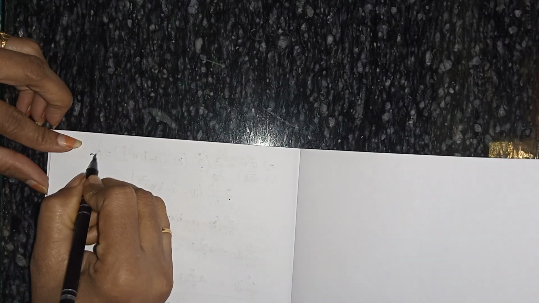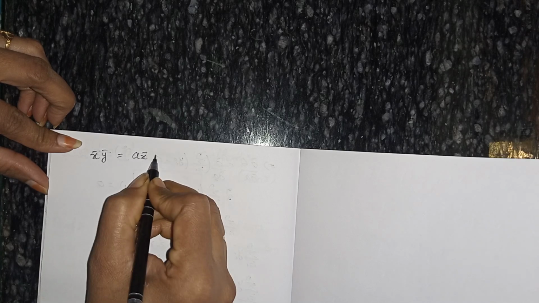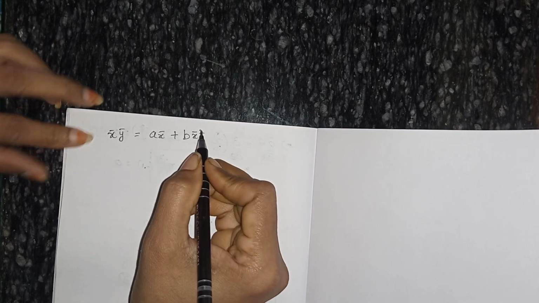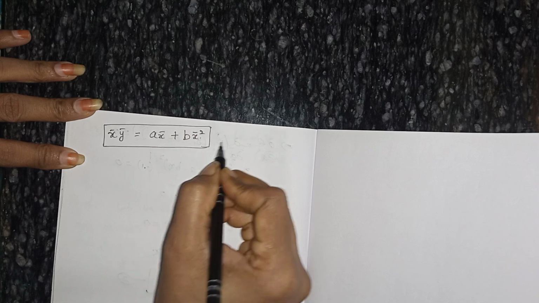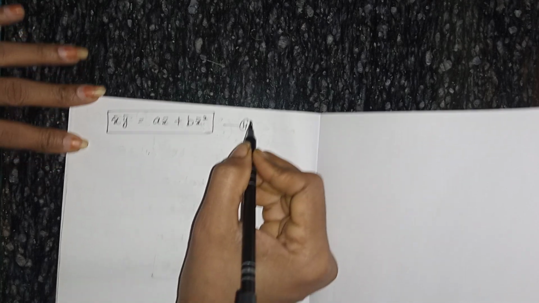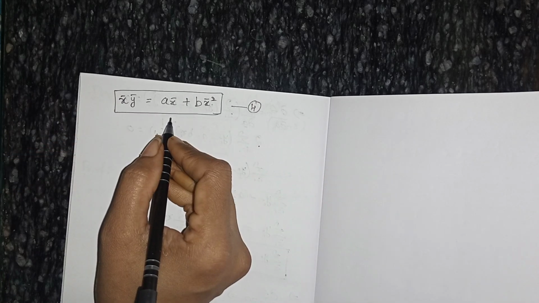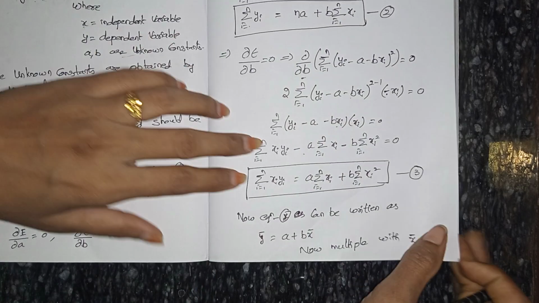Nothing but x bar y bar equals a x bar plus b x bar whole square. Okay, so this is nothing but equation 4. Okay, this is equation 4. Now what we have to do is, for equation 4 we have to multiply. Okay, so this is equation 4 now, isn't it? One minute. Yes, this is 3 and this is 4.